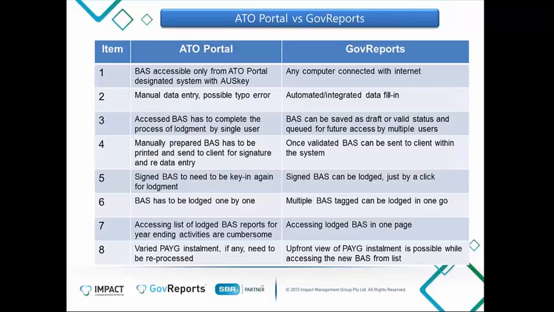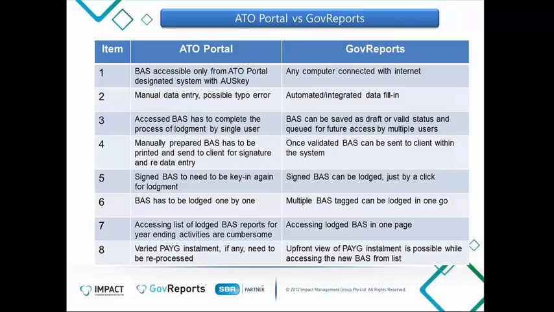Of course, like I said, with the ATO portal, normally you would have to prepare the BAS first, get it finalized by your clients, and then go to the portal and data entry into the system. Or you could do it the other way: prepare it, print it, send it off to your clients for signing, then come back to the portal, re-enter the data, and lodge when you have your clients' authorizations.